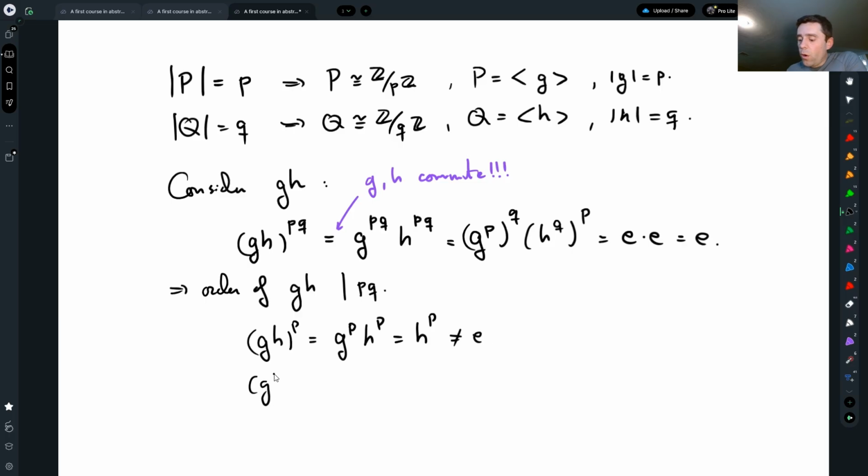And (gh)^q is g^q h^q, which is g^q, and the order of g is p, so this is not the identity.